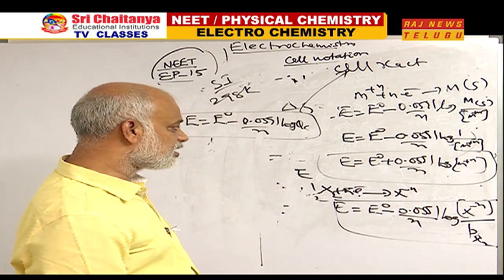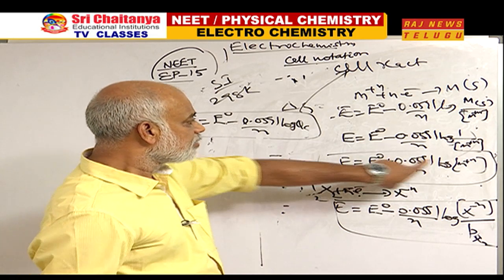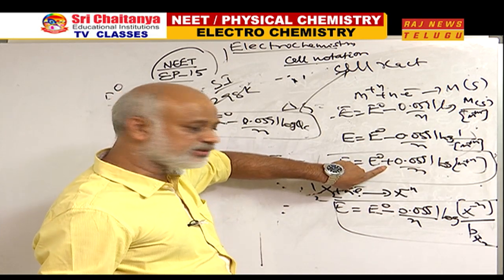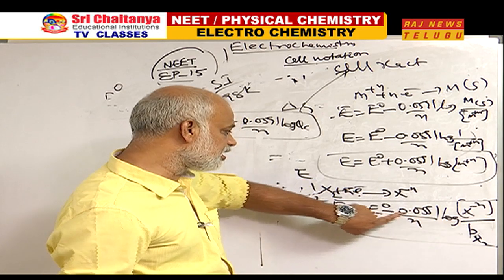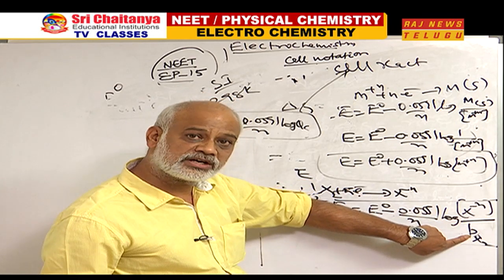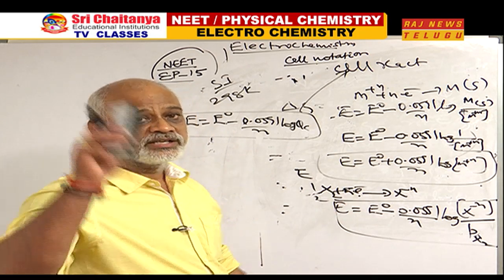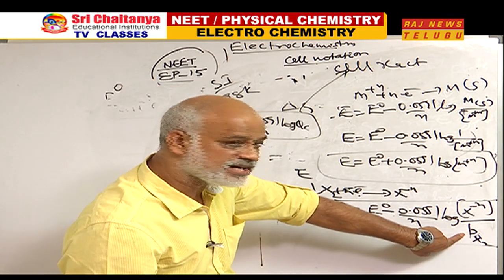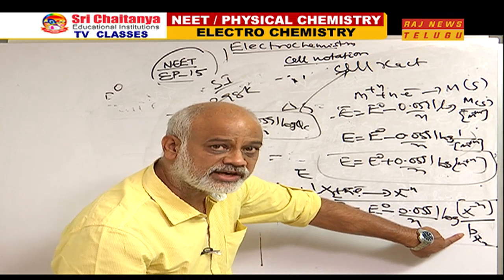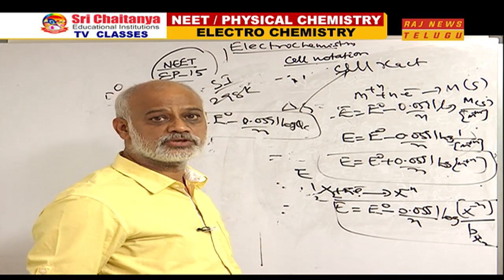Please check these particular equations. Metal ion numerator, positive. Non-metal ion numerator, negative, but also not to be forgotten, if pressure is actually given, that should be there in the denominator. In many of the books, you don't see this partial pressure because it is generally at 1 bar. But you should always be careful about this.